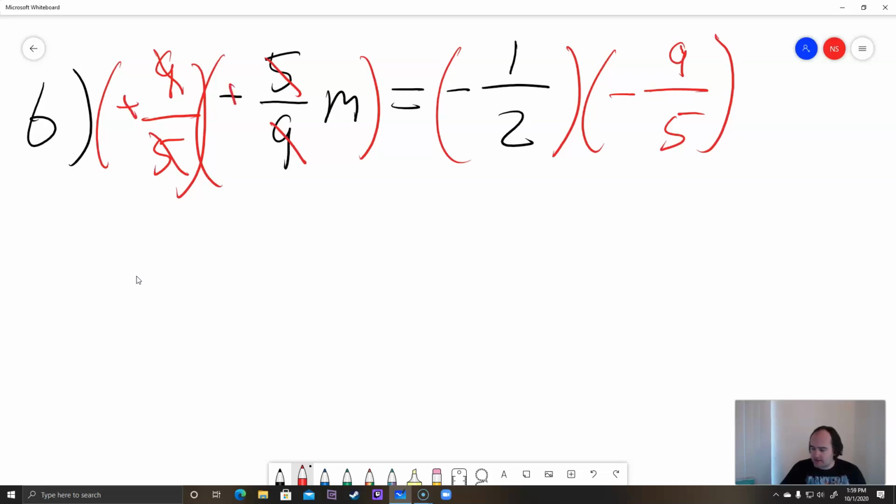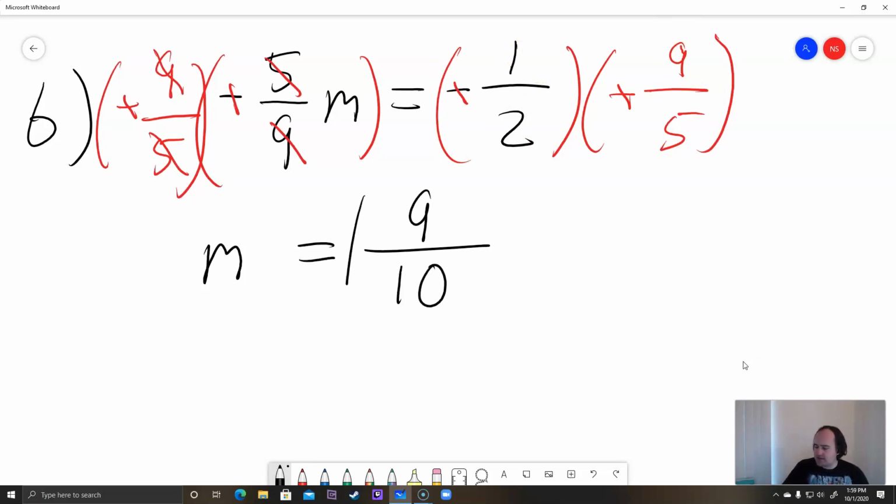So on the left side, we're just going to have m. On the right side, the minuses also cancel out because there's two of them. Remember, you multiply fractions straight across. Because there are no common factors, we just multiply. 1 times 9 is 9 on the top, and on the bottom, 2 times 5 is 10. So our answer is m equals 9/10.